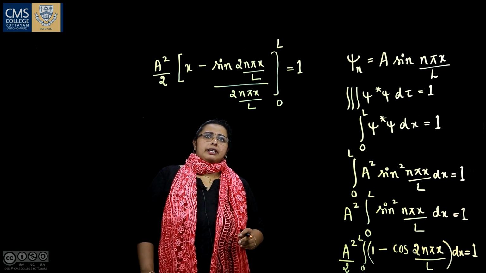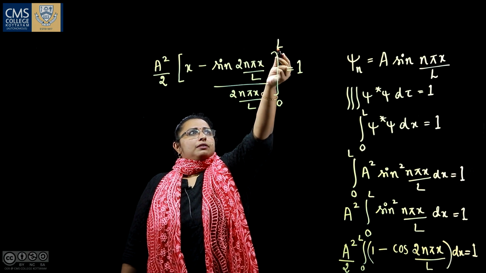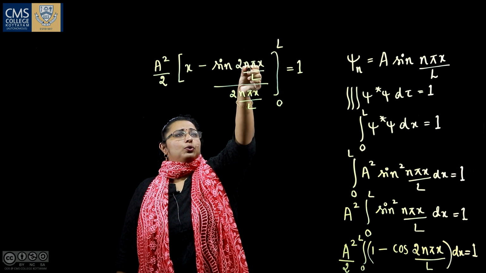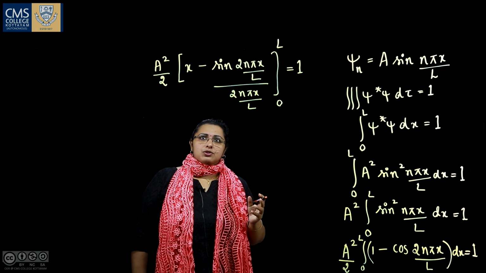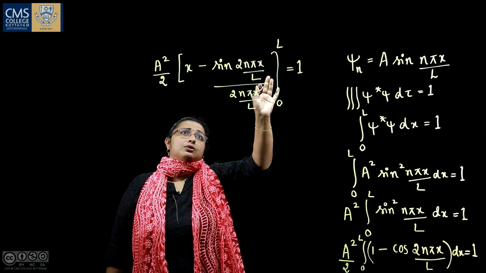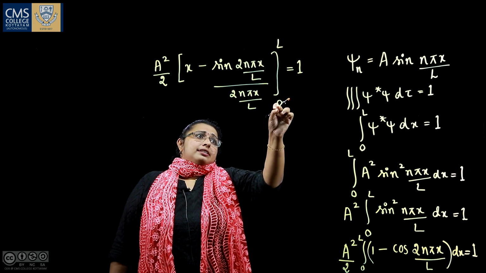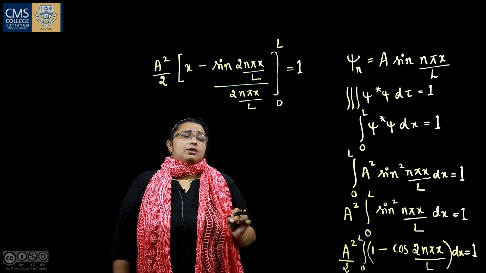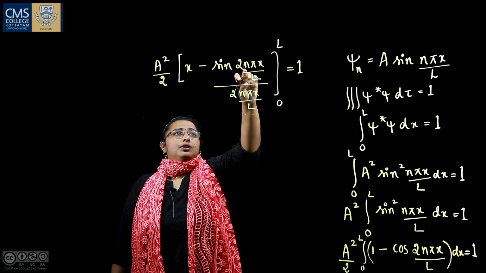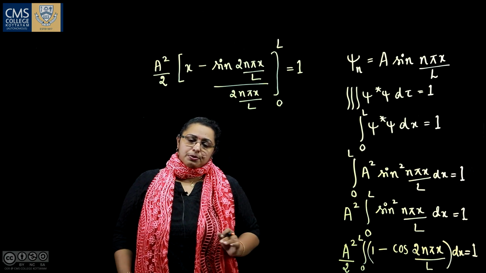Now, when you are applying the limits, x will be equal to L. Therefore, here you will have sine 2 n pi, that is equal to 0. So when you are substituting the value of L, that term becomes equal to 0. Next, applying the limit x equal to 0, that also leads to sine 0, and therefore this term as a whole will disappear.